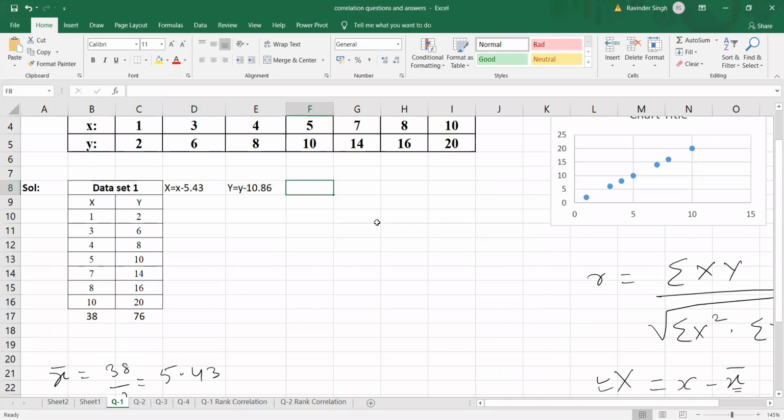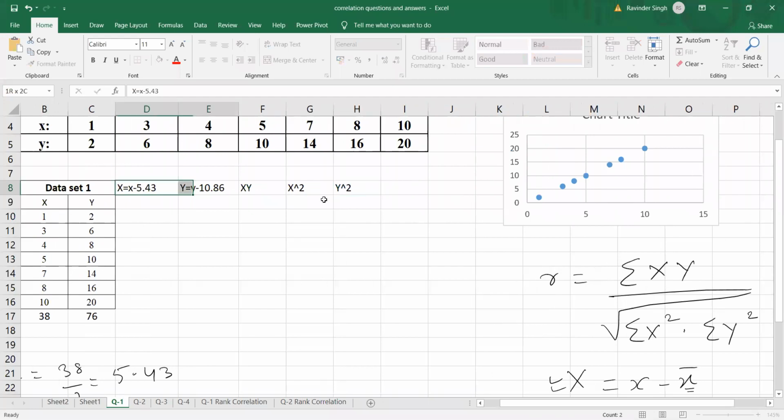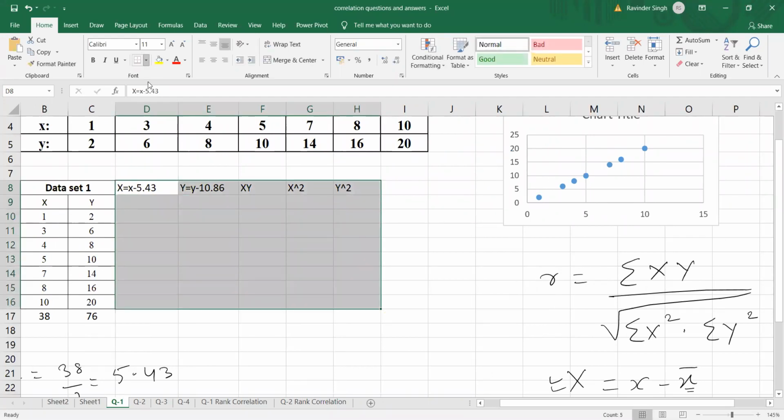We have to find capital X into capital Y. Then we need capital X square and capital Y square also. So this much calculation we have to do. Let us do the calculation here.